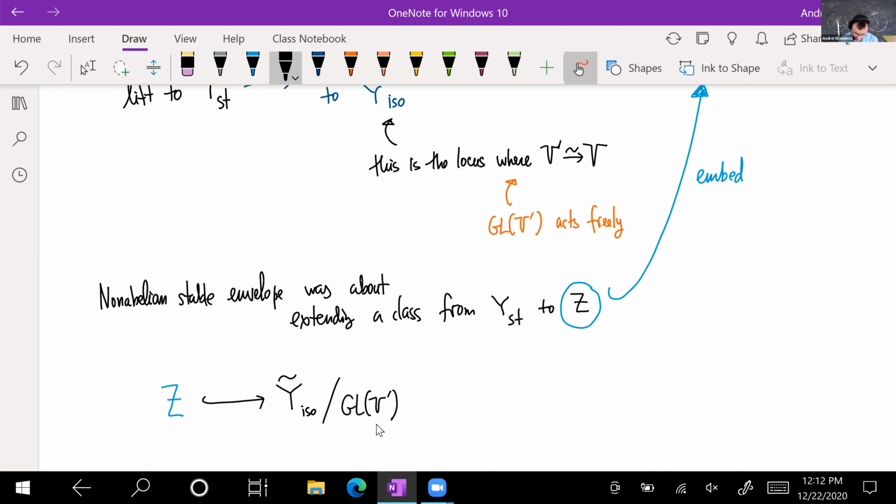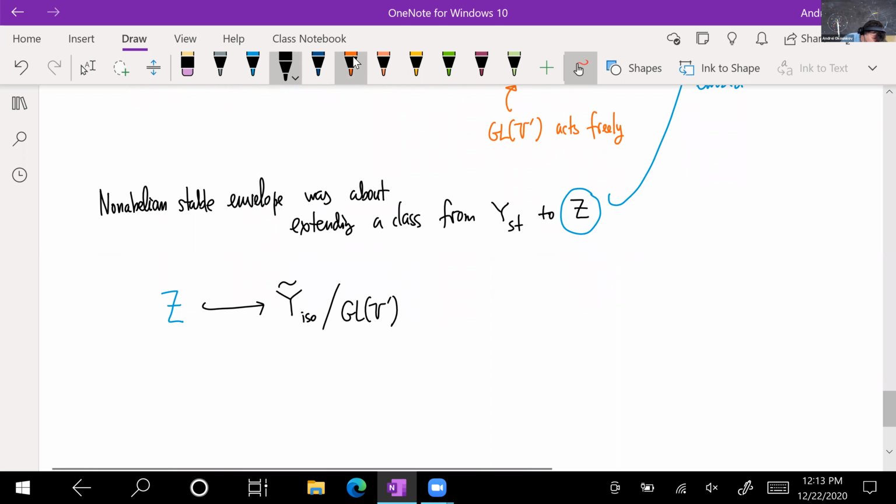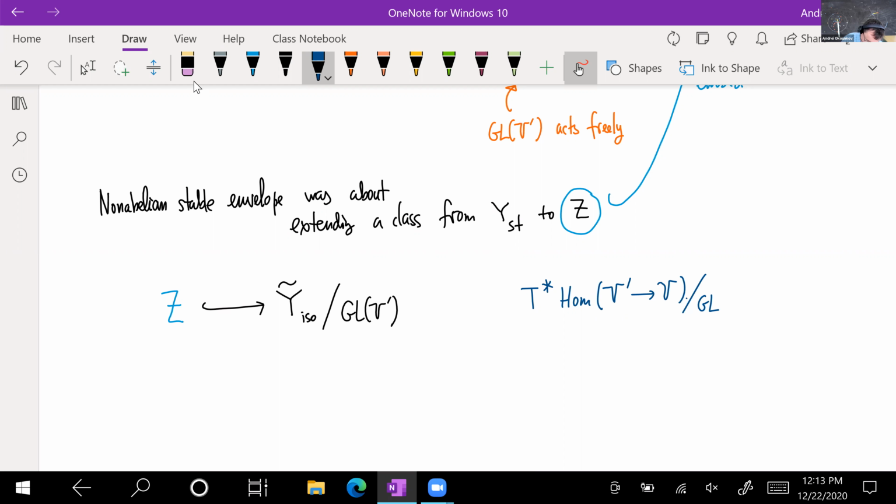So what's the coordinate here? When we take mod GLV prime, what do we get? We take the T star Hom from V prime to V, and then mod GLV prime, so maybe isomorphism.